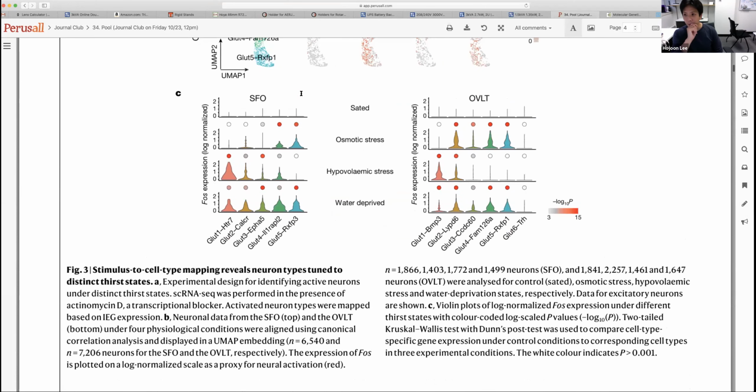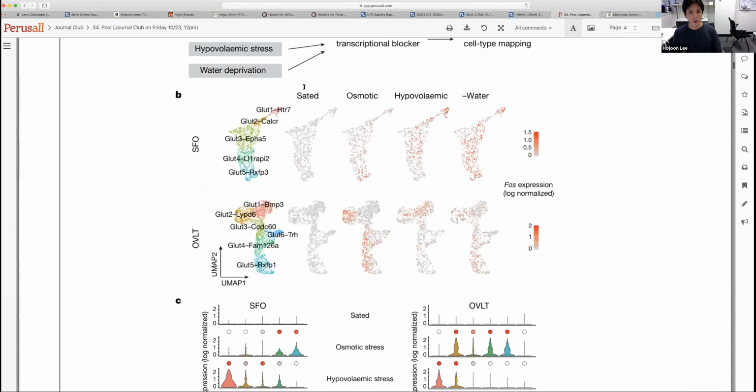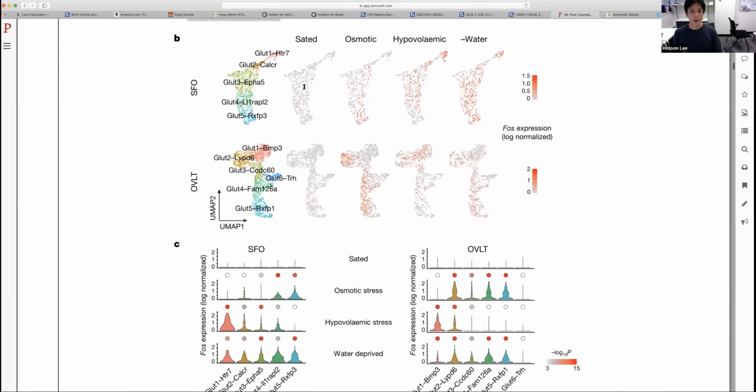Okay, so again, they just take animals from sated, osmotic, hypovolemic, and water deprived conditions. They take out SFO, they take out OVLT, they sequence single cells. I feel like it's thousands of single cells in each case.